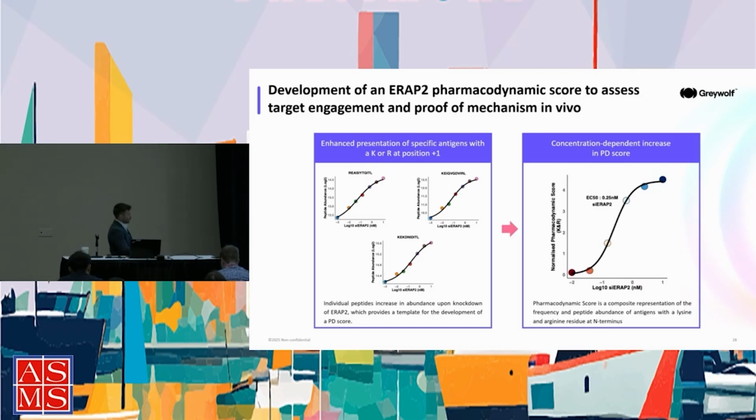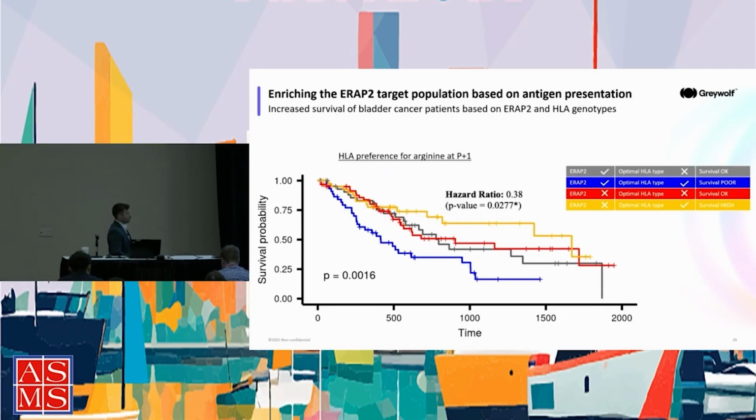We're not quite in the clinic with ERAP2 yet, but we did go on to do some genetic validation. So we've taken biological inference that we've made from immunopeptidomics, and we start to ask whether or not you can inject that biological inference and whether or not it would drive any survival differences in proof of concept in bladder cancer patients.